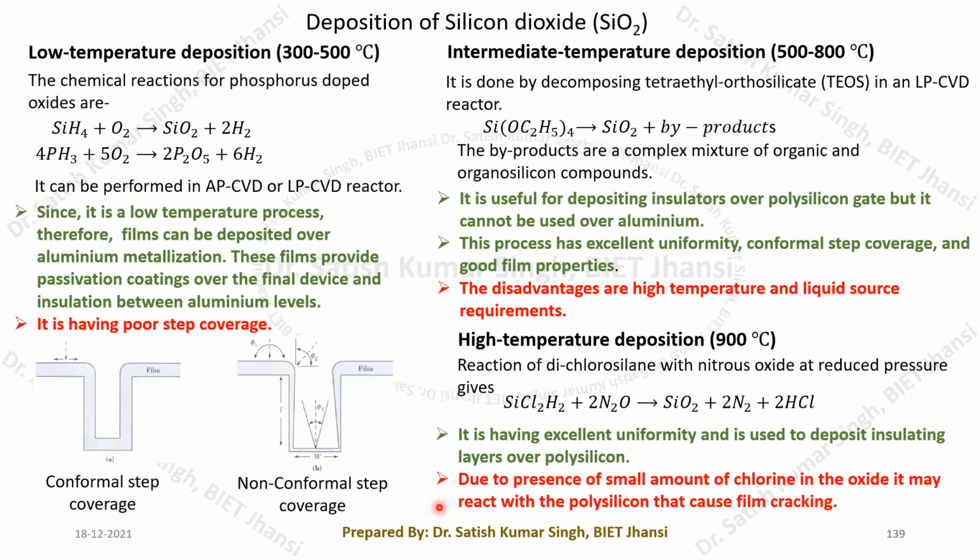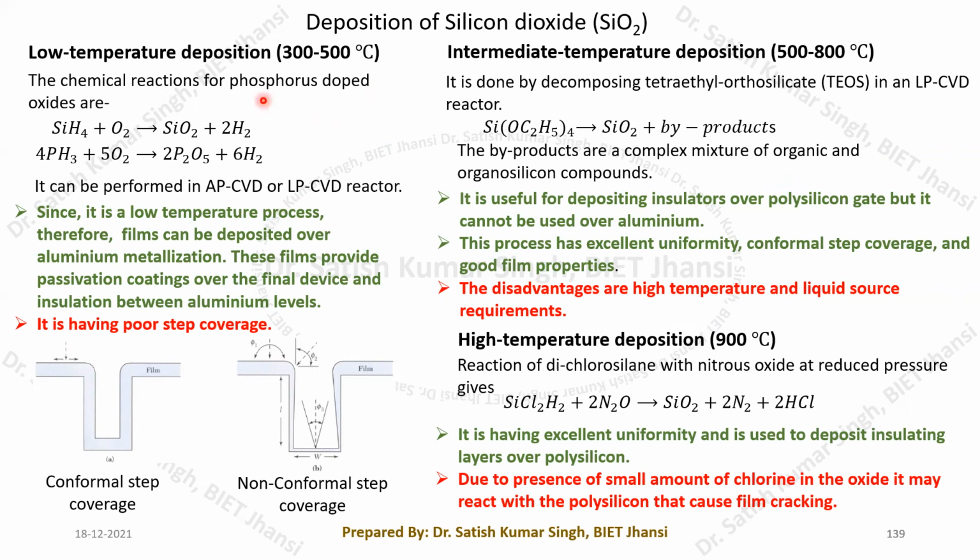Now we have the deposition of our silicon dioxide. Silicon dioxide, as I said, can be deposited using APCVD or LPCVD reactors. Both the reactors can be used. Here you can see this deposition of silicon dioxide happens at different temperatures.